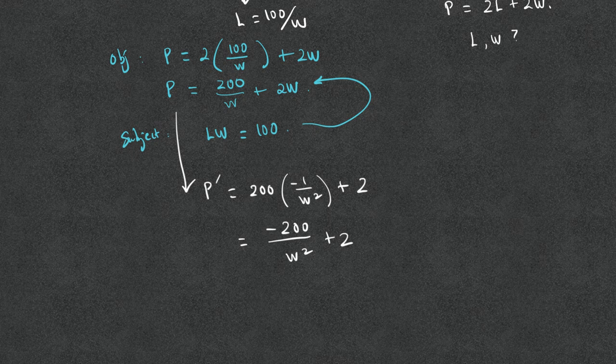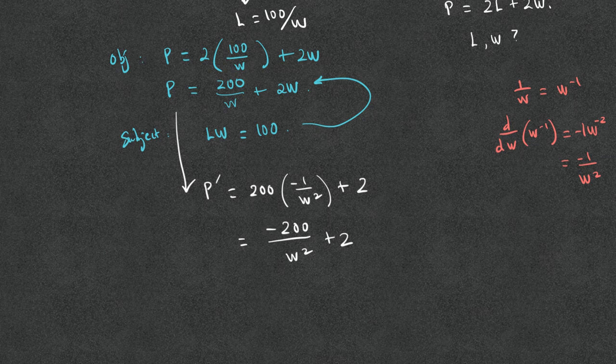Keep in mind that when we take the derivative of 1 over W, we rewrite this as W to the negative 1. And the derivative of W to the negative 1 with respect to W is negative 1 times W, and we lower the power by 1. That is how we get negative 1 over W squared.